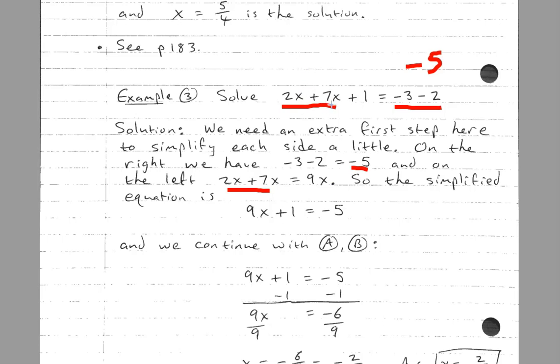So this simplifies to just 9x. Okay, so with those extra steps, now we've got our equation into standard form. So 9x plus 1 is equal to negative 5.